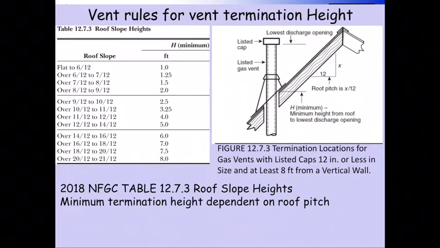All right, so how about some rules for termination? So here I've got a vent termination height that we're going to look at, and I pulled an excerpt out of the code book for this that talks about the roof slope heights. You have roof pitching on a typical structure in this particular area, and the way the roofing pitches are set up is they talk about the rise over, in this case, the run.